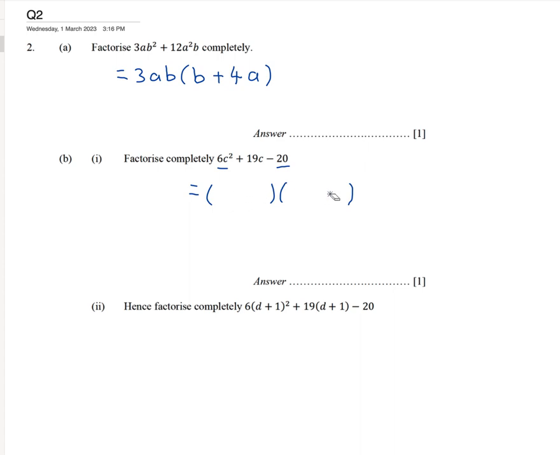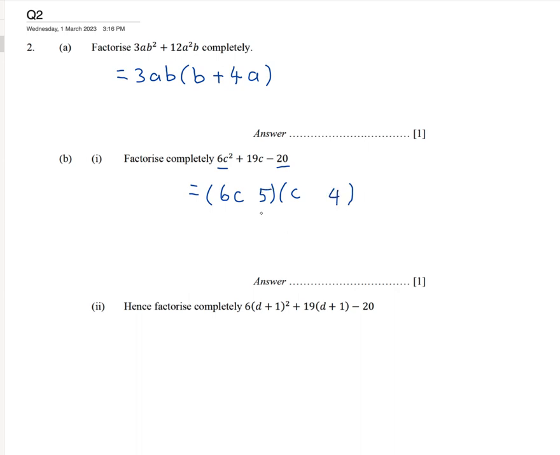So now we have to try another possibility, 6c and c. Once again we are looking at 5 and 4. Now we cannot put a 4 here because of the common factor, so put a 5 and a 4 here.